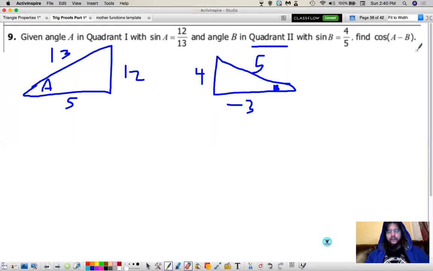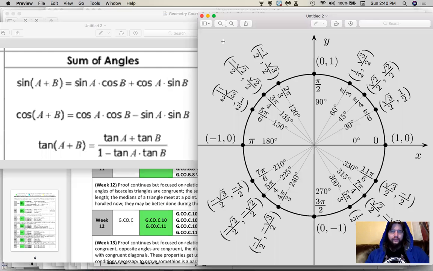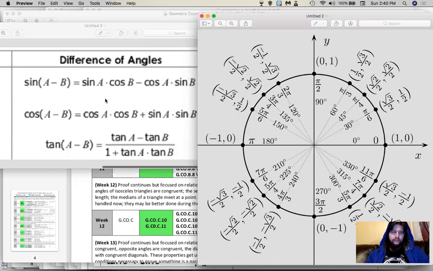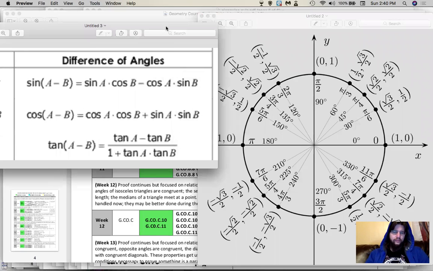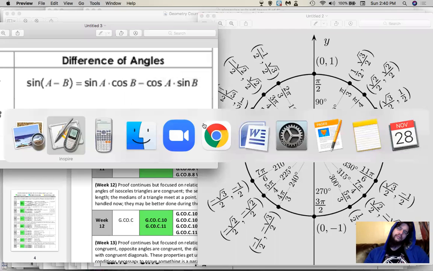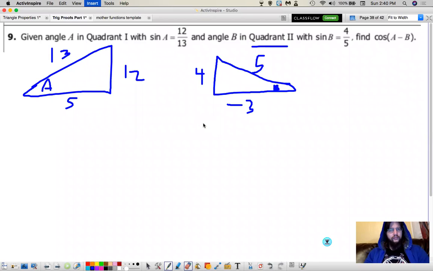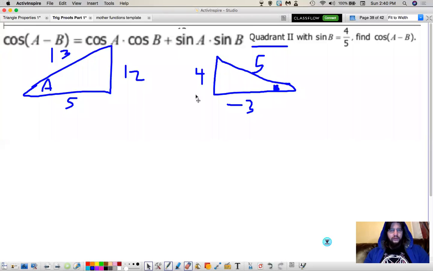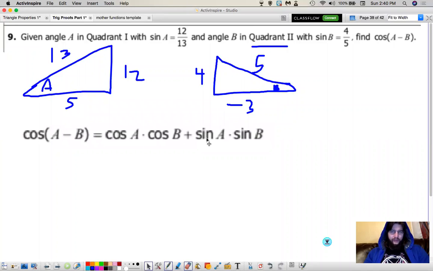So we're looking for cosine of A minus B. Let's see what that looks like. So we got the sine of A and B, we need the cosine of A and B. So cosine A is 5/13.